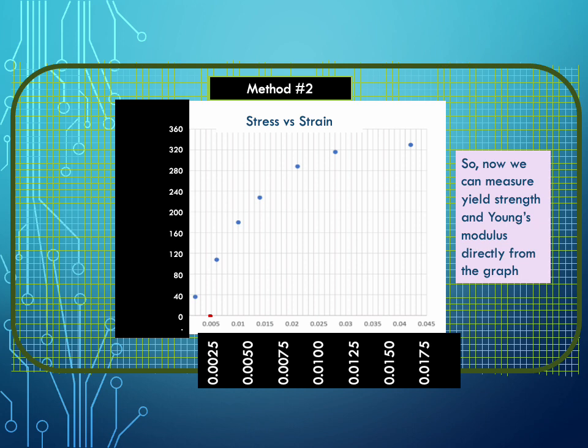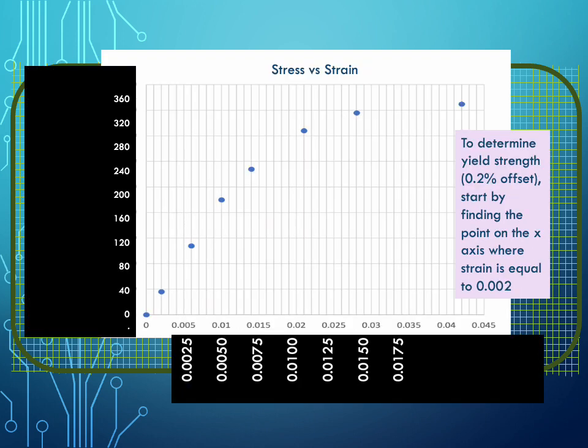This point here where that's 0.005, that's 0.0025, but the one right before it, that would be 0.004, which would be 0.002 in terms of strain. One, two, three, four, five.